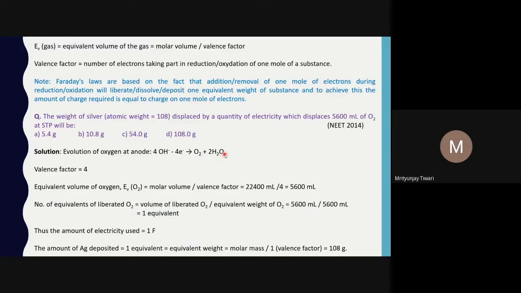Those water molecules will anyway be in the electrolyte solution. So we obtain 1 mole of oxygen, and to get 1 mole of oxygen, 4 electrons need to be removed from the hydroxyl ions. So the valency factor is 4, and the equivalent volume of oxygen will be the molar volume of oxygen divided by the valency factor, and the molar volume of oxygen is 22,400 ml at STP, divided by 4, the valency factor.